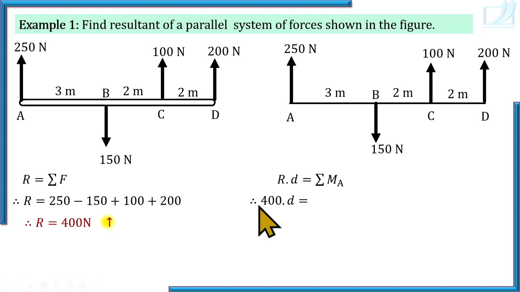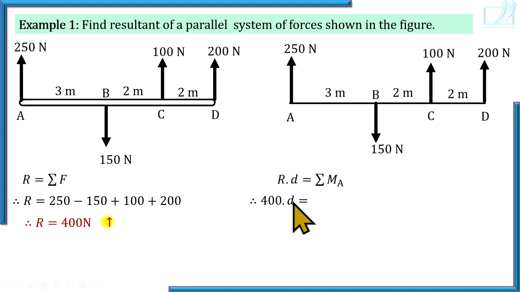That means we have considered a positive moment, that is an anti-clockwise moment. In these calculations, we have assumed that the moment of the resultant about the moment center is anti-clockwise. When you are not sure about the direction of moment, it is better to assume anti-clockwise. So we have considered the anti-clockwise direction here.